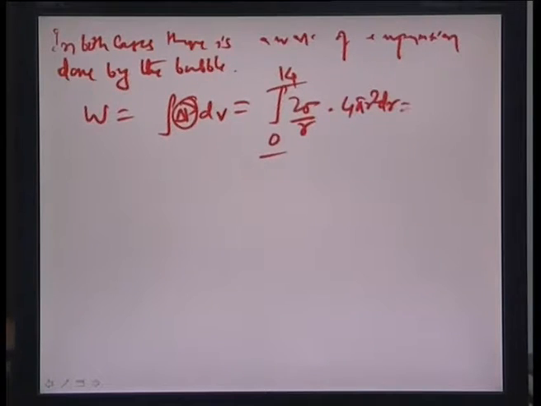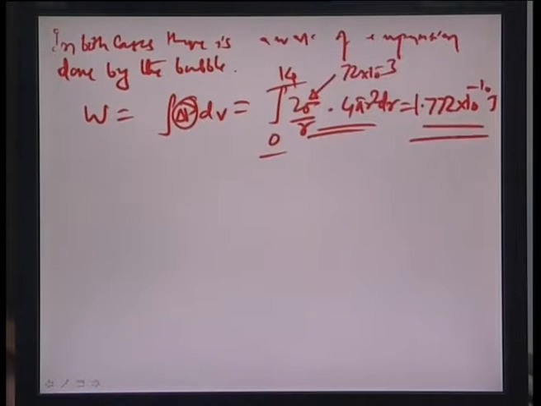If you calculate this expression with the sigma value already given in the numerical problem as 72 × 10^-3 Newton per meter, you are left with a total amount of energy or work done as 1.772 × 10^-10 joules. That is how this total work done would translate.